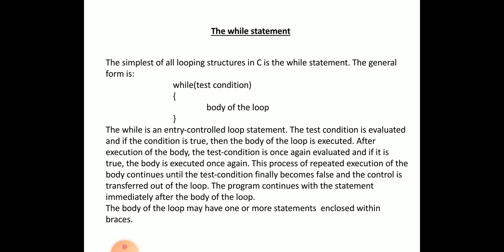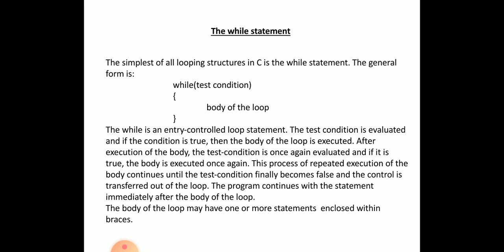Depending on the position of the control statement in a loop, a control structure may be classified either as an entry controlled loop or an exit controlled loop. In an entry controlled loop, the control conditions are tested before the start of the loop execution. If the conditions are not satisfied, then the body of the loop will not be executed.